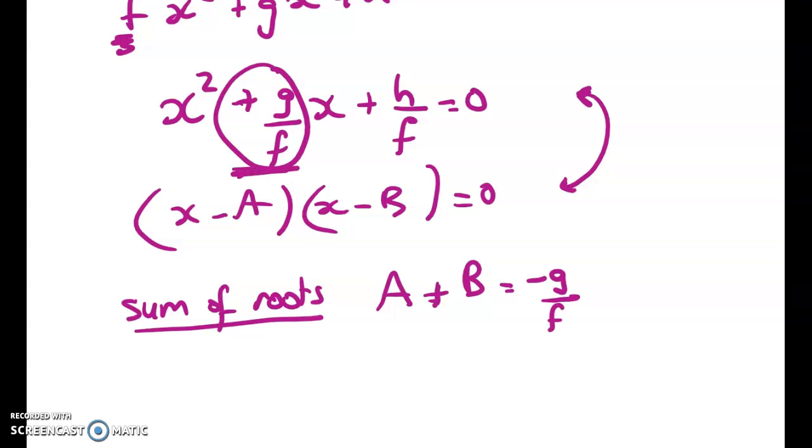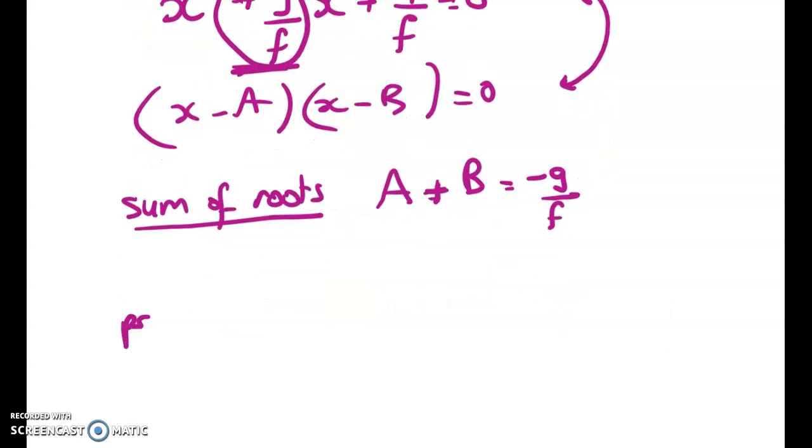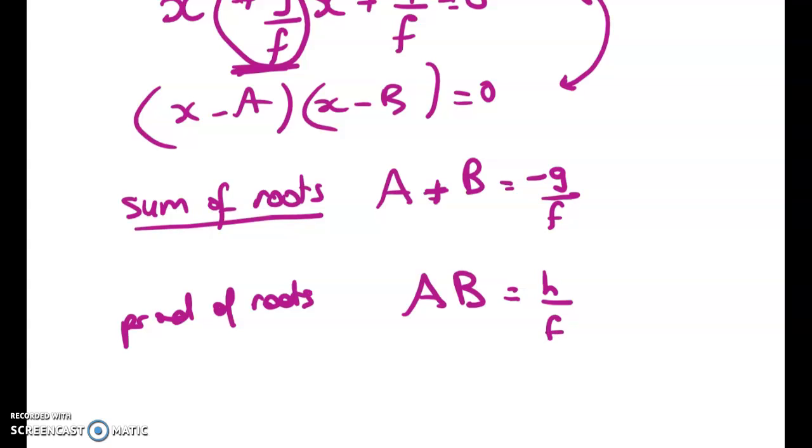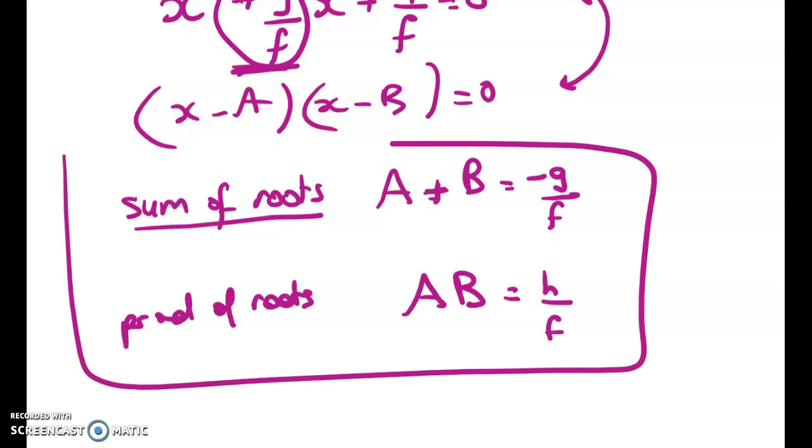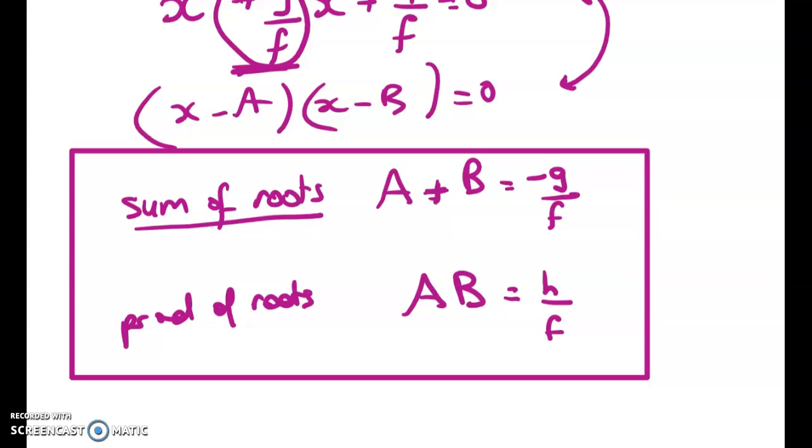So a plus b is equal to negative g over f. And the product of the roots is a times b, and that has to equal h over f. So if we're good with the sum and product of the roots, that's a pretty straightforward thing to write down once you're used to it, right?